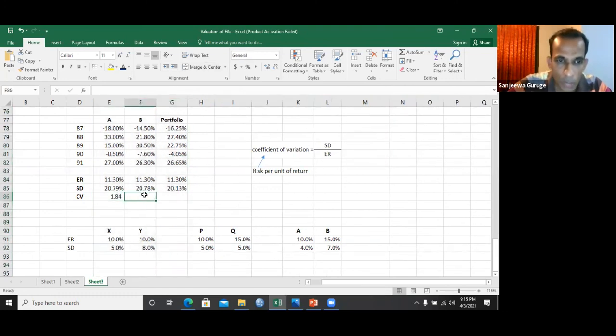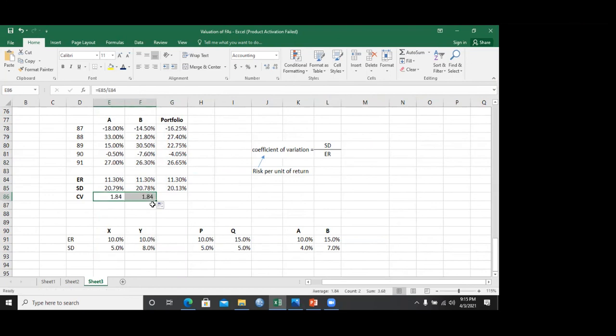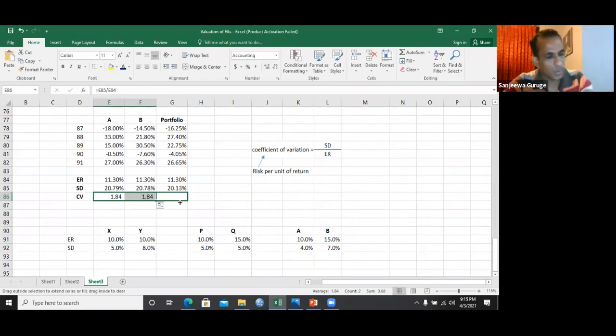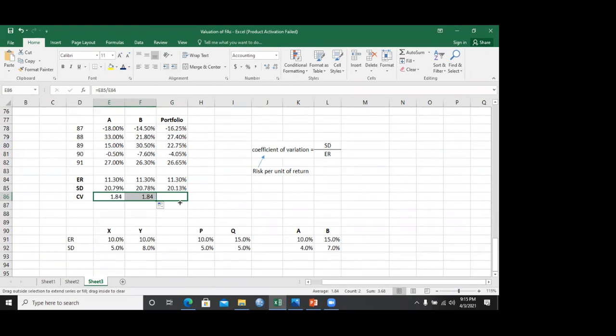And what about stock B? Almost the same thing, 20.78 divided by 11.3. It's the same thing. And for the portfolio, 20.13 divided by 11.3, which is 1.78.